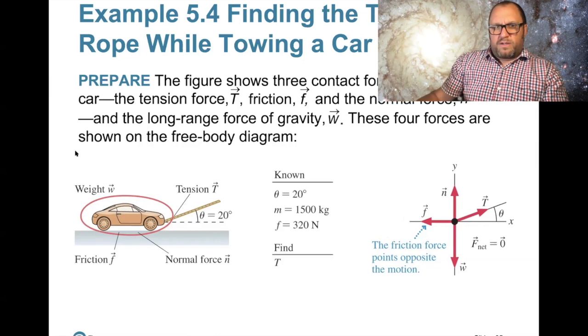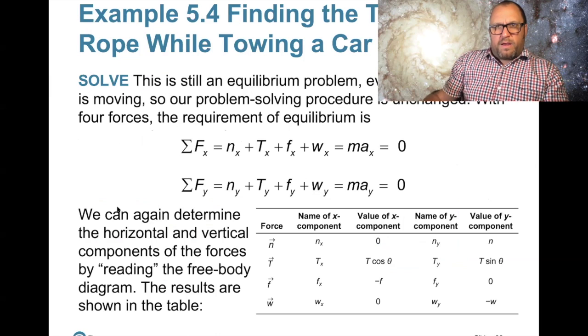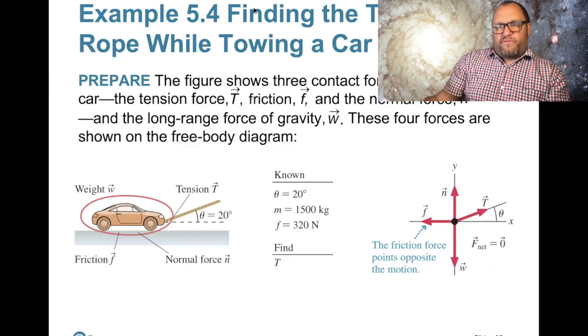Okay, so let's draw our free body diagram. There we go, I've clicked the button. So we know that we have a frictional force going this way. It's equal to 320 newtons.